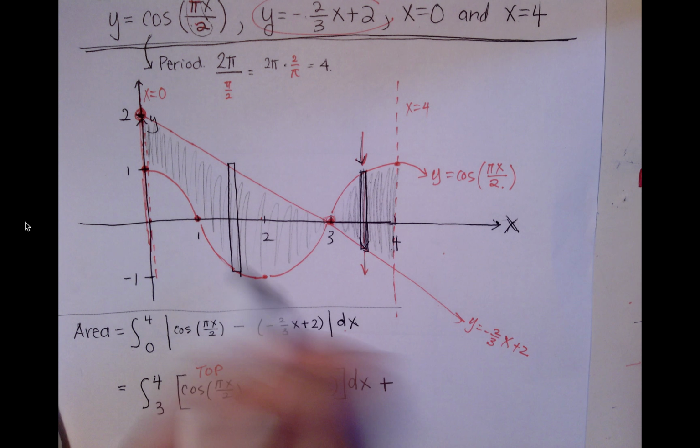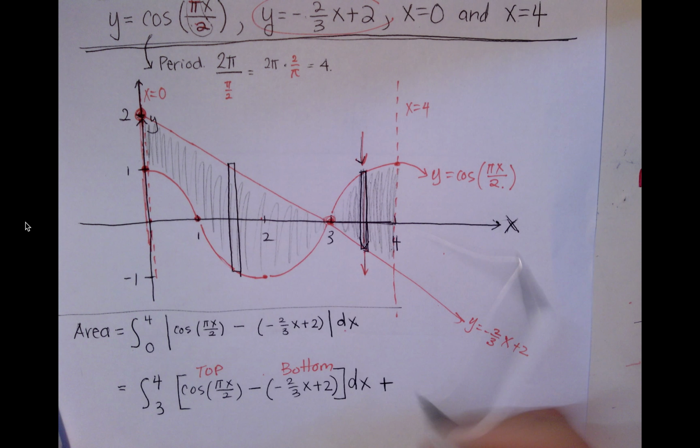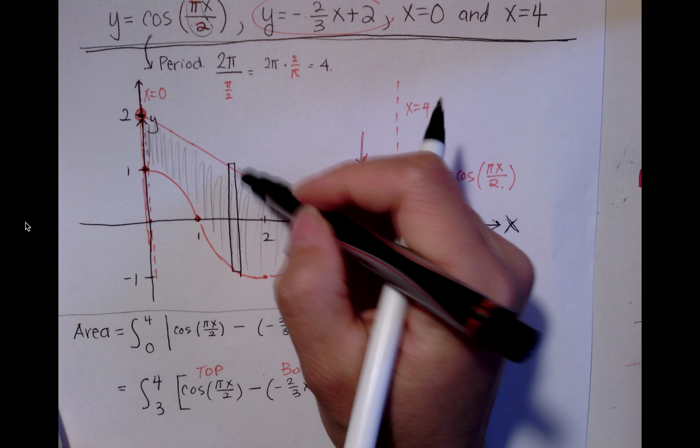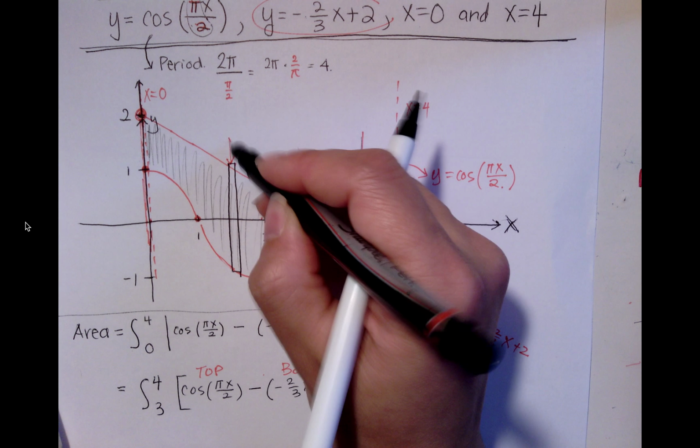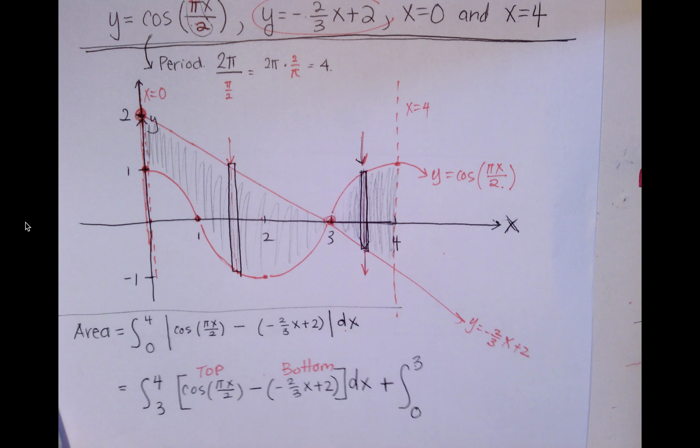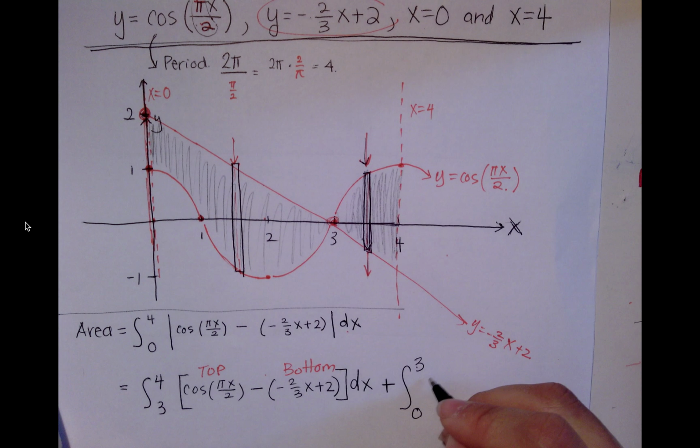Now when I go over to this part of the interval, from 0 to 3, I notice that here's my typical approximating rectangle. The top is given by the line, and the bottom is given by the trig function. So things get reversed.